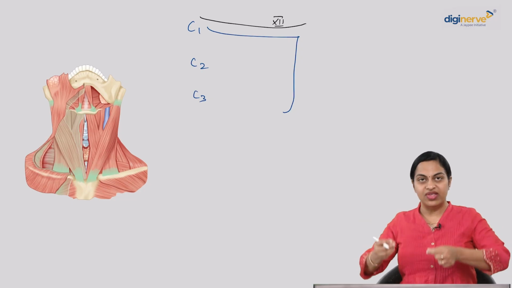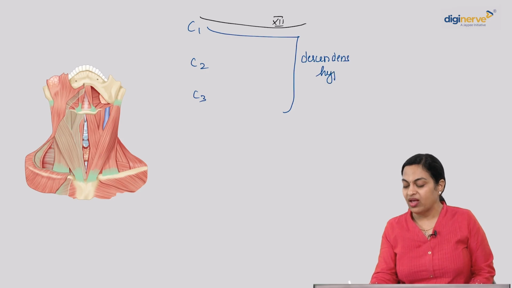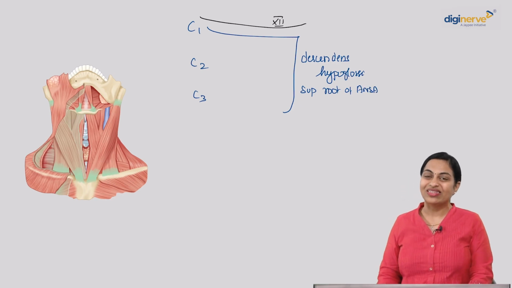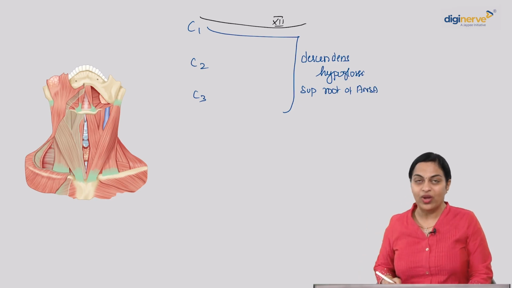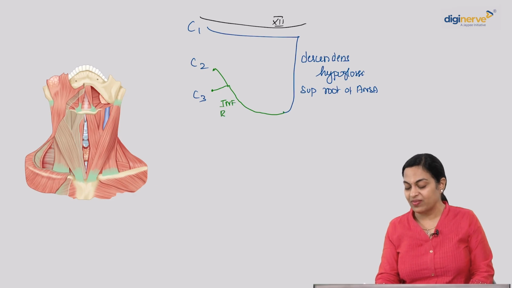This part of the C1 fibers descending down is called the descendens hypoglossi, or the superior root of the ansa cervicalis. Is that fine? And then the ventral rami of C2 and C3 unite to form the inferior root of the ansa cervicalis.